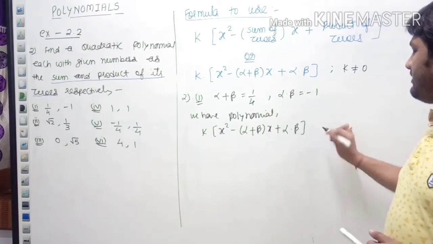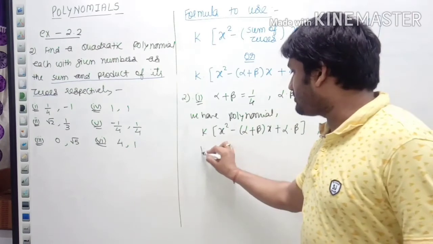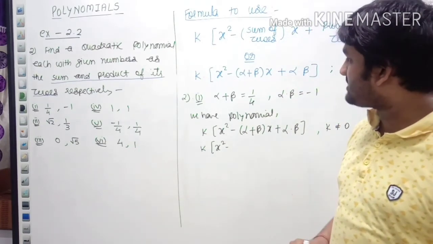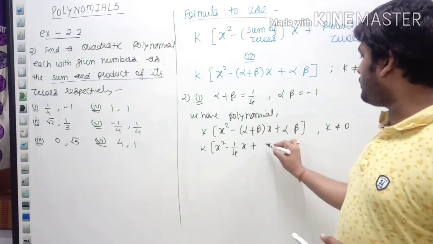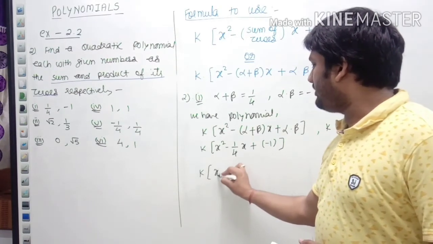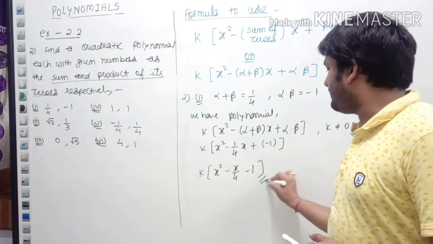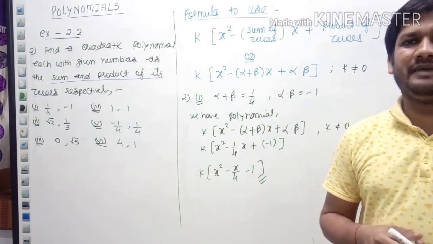Obviously we will mention that k is not equal to 0, k is a non-zero real number. Alpha plus beta is 1 by 4, and alpha into beta is minus 1. So our answer is k into x square minus x by 4 minus 1. It is very easy. This can be a 1 mark question in the main exam.